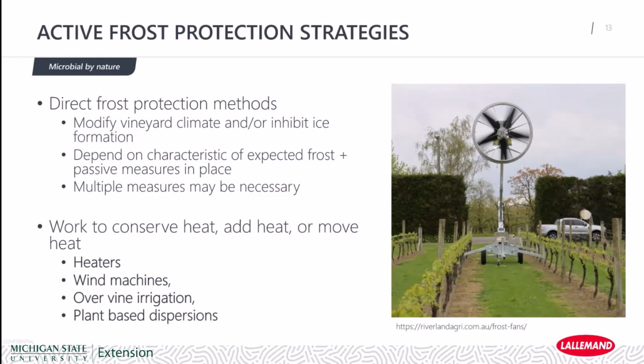And the way we do this is either with heaters, which are point applications, the wind machines, which we've already mentioned aren't great for advective freezes, over vine irrigation. There's also, in some areas, under vine irrigation with warm water. But then there's also things like plant-based dispersions. And we will talk more about that towards the end of the slides here.